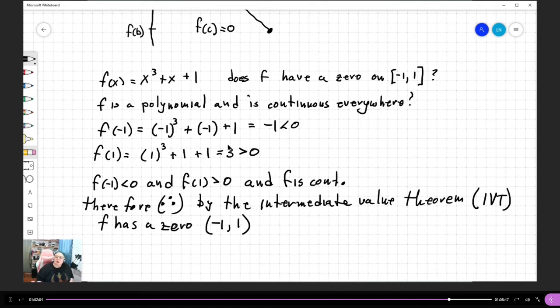This is the first time we're doing any kind of mathematical proof. This is technically a proof. We're proving that f has a 0 in the interval from -1 to 1.